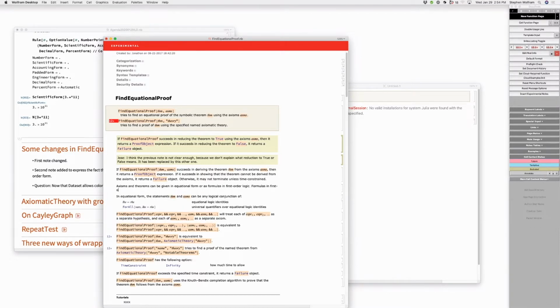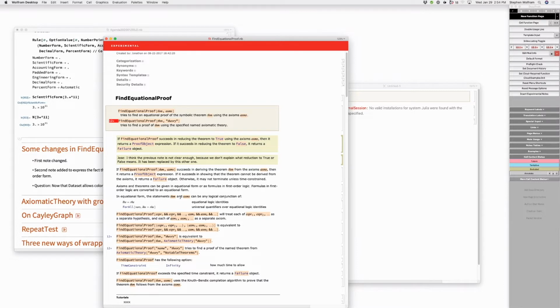Everything is processed as equations. Formulas in first order logic are converted to equational form. Is that reasonable? Yep.